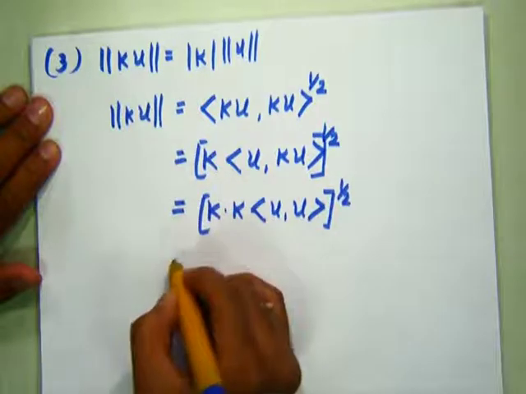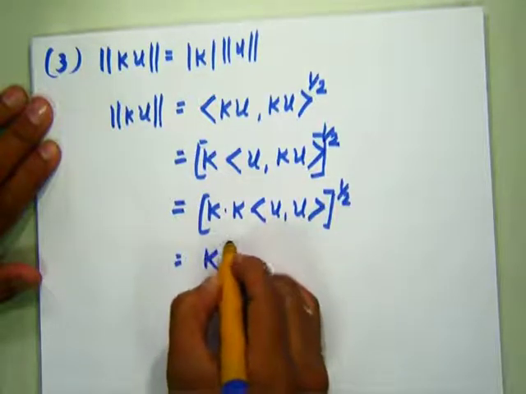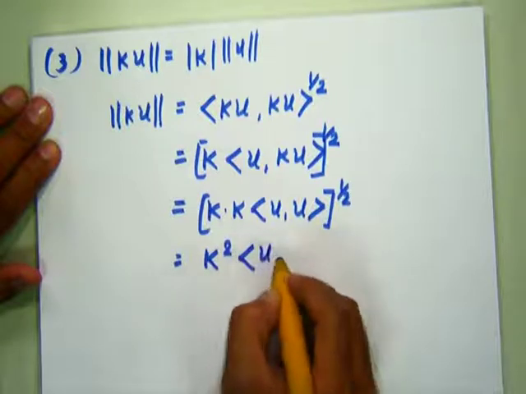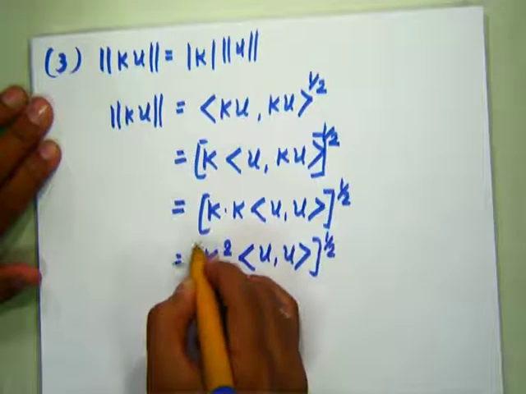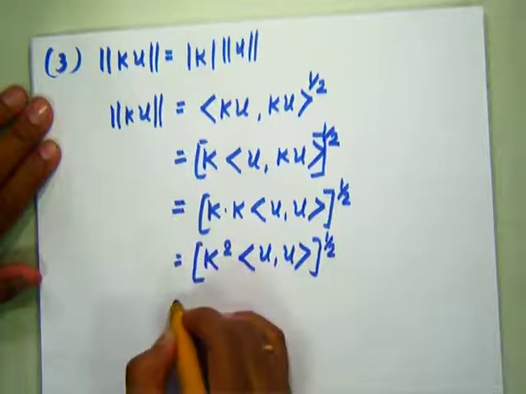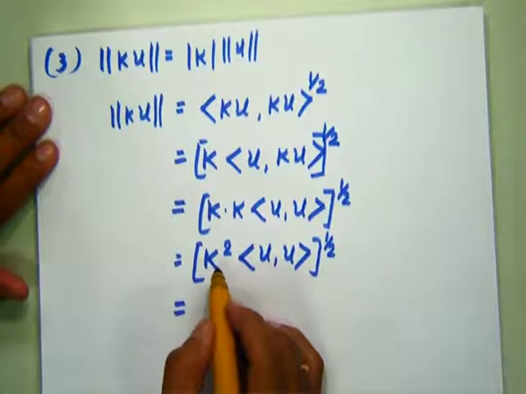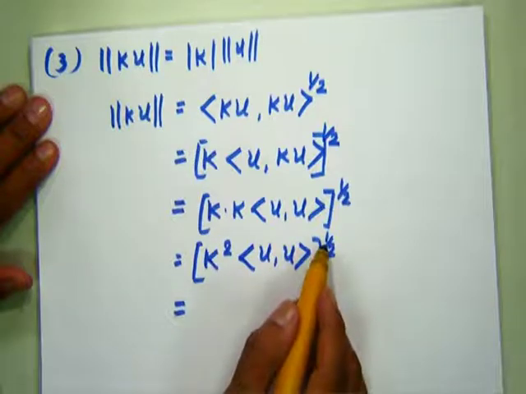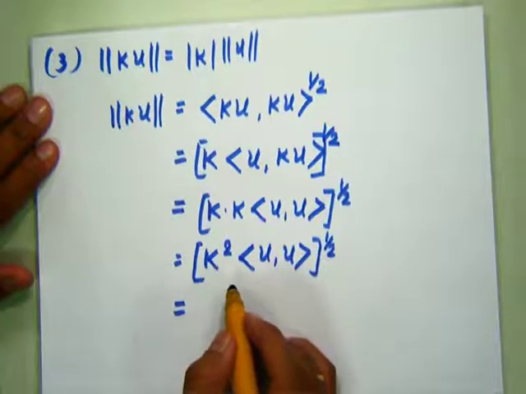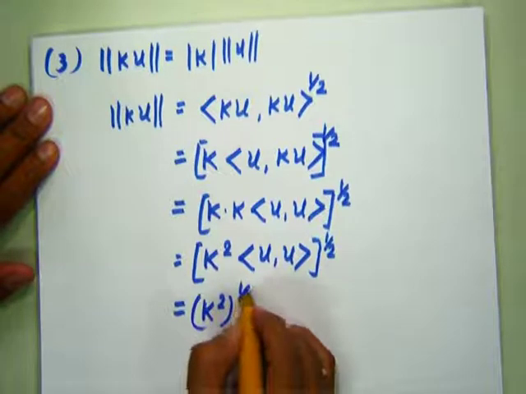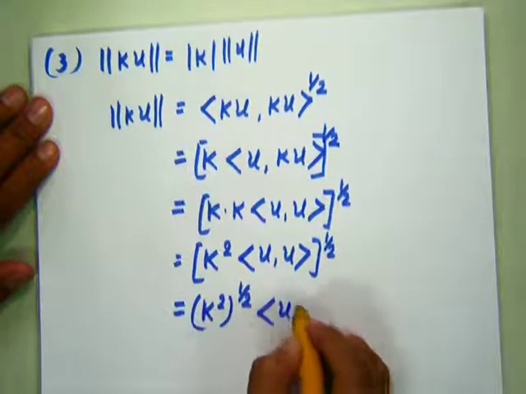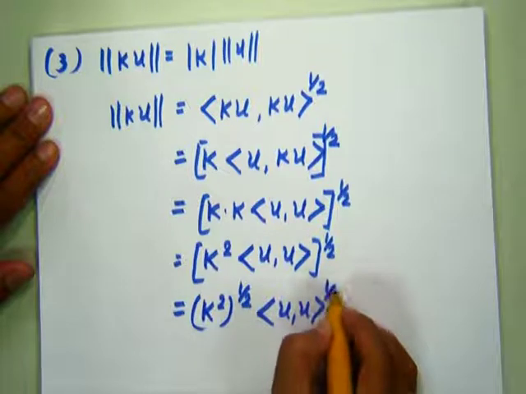So it becomes K times K, that is K square, times the inner product of U with U, raised to half. Now it is like A times B raised to half, so we can write it as A raised to half and B raised to half. So it is K square raised to half and the inner product of U with U raised to half.